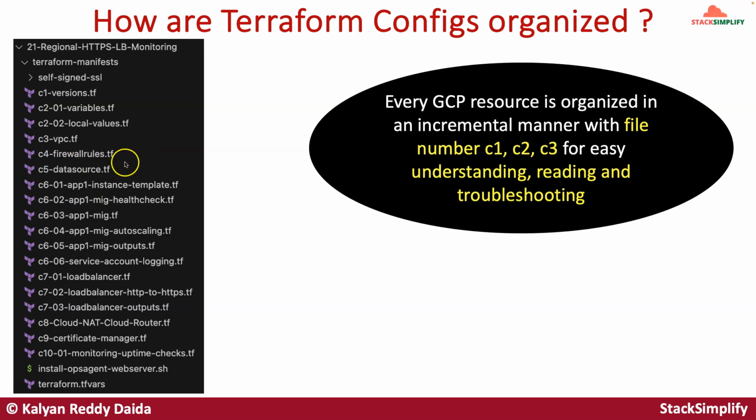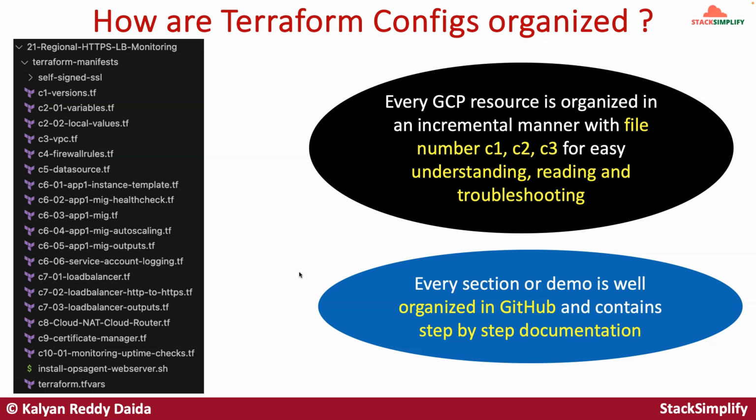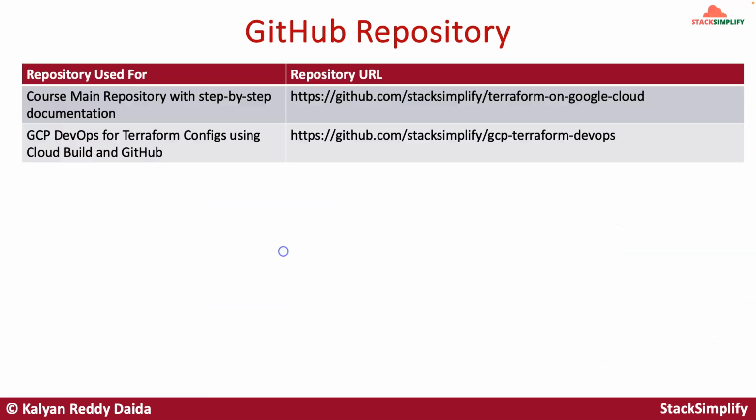For example, if you have an issue with a firewall, you can directly go to c4 firewall rules.tf and troubleshoot that issue. Or if you have an issue with the load balancer, you can go to C701 load balancer and troubleshoot that. Every section or demo is well organized in GitHub and contains step-by-step documentation.